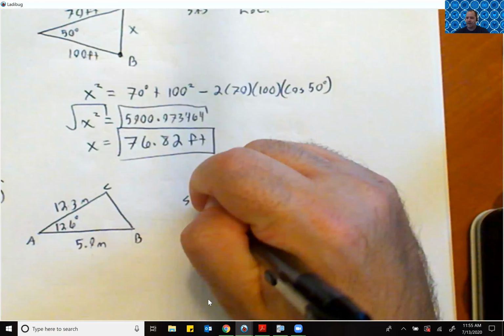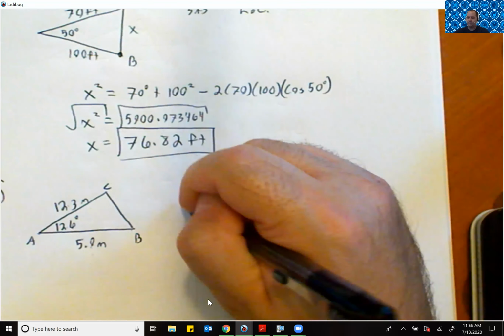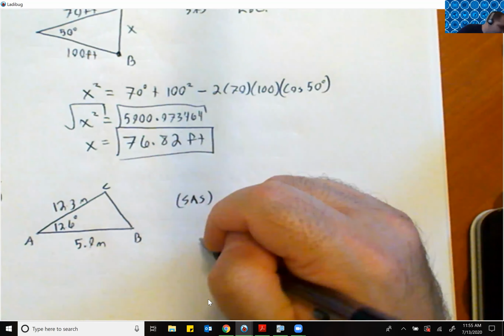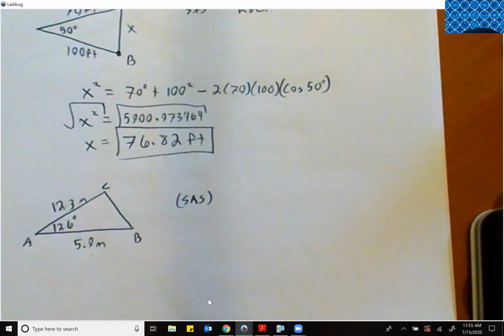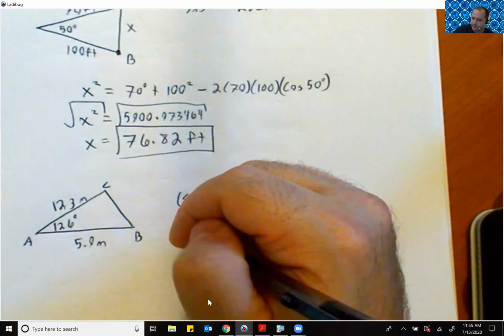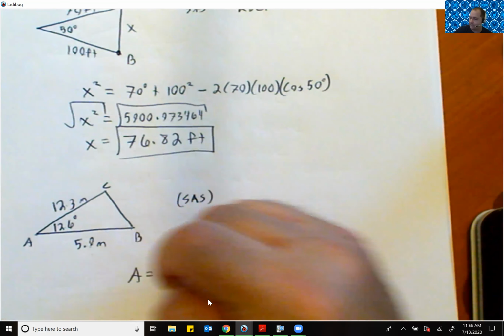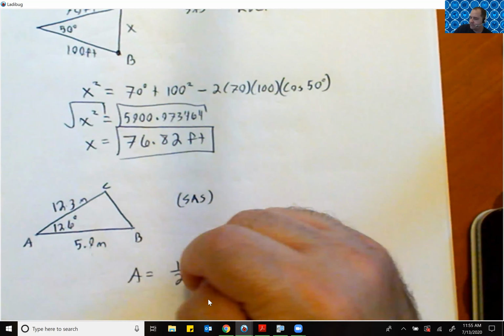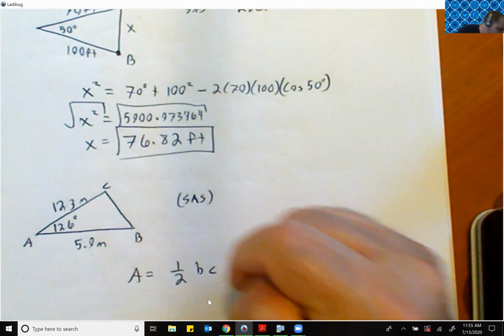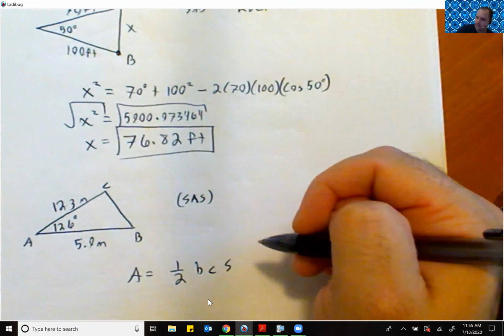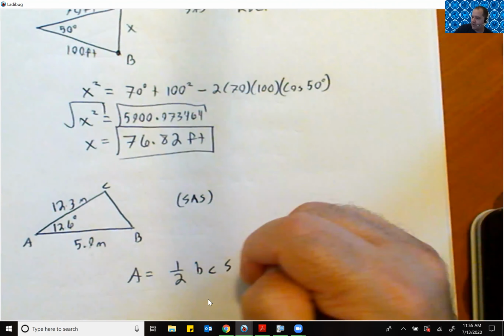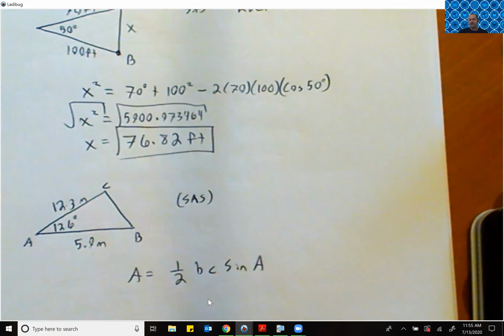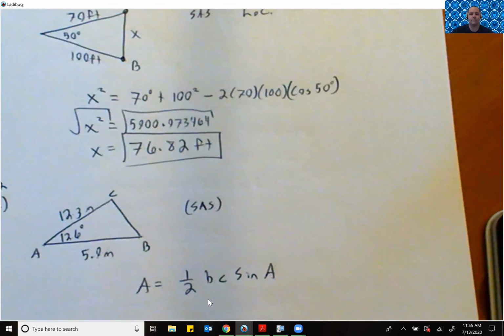So side, angle, side is going to use the area formula, I always end up messing this thing up. A equal to 1/2 bc sine A. I usually put cosine there because we're in the law of cosine section, but there we go.